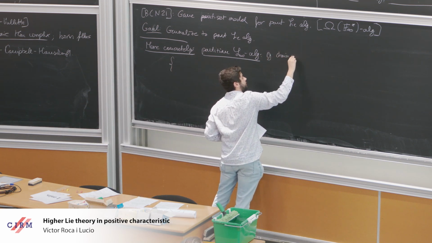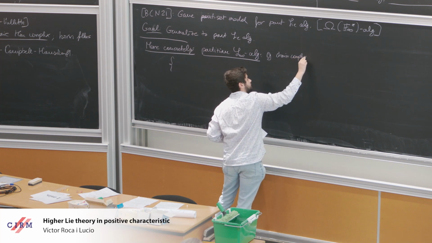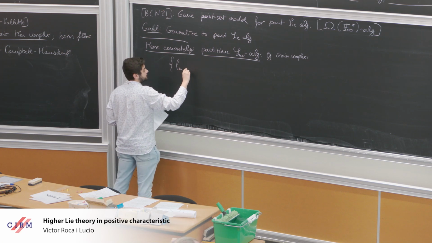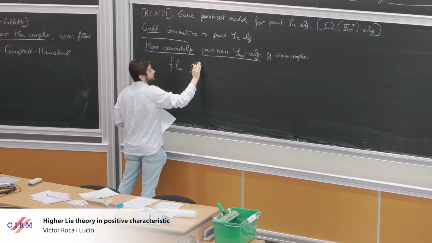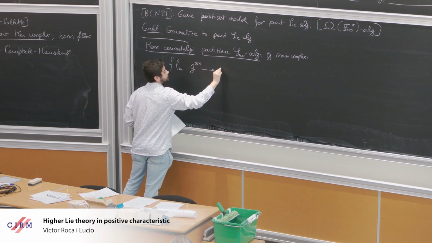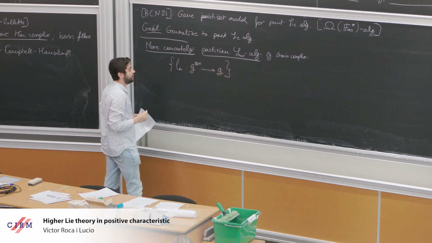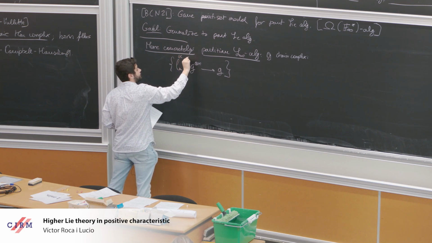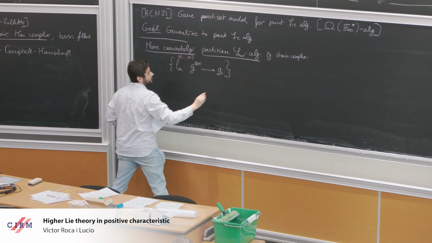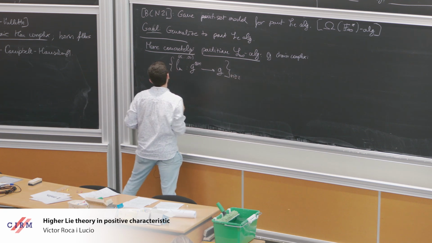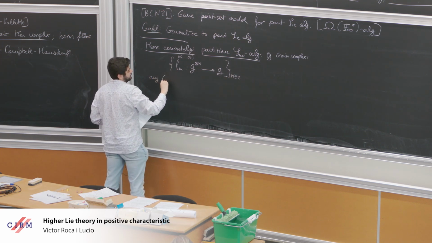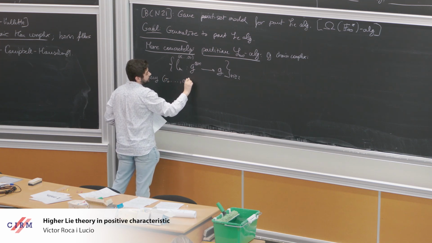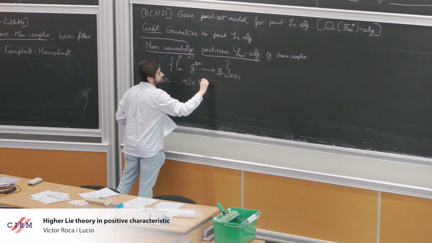I take a chain complex G, and now I have operations L_n, which are no longer symmetric, that go from G tensor n times itself to G. But now I have more operations, because I have operations labeled by any (r+1)-tuple of permutations.